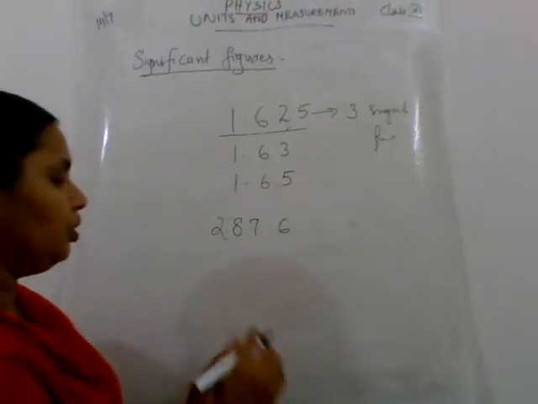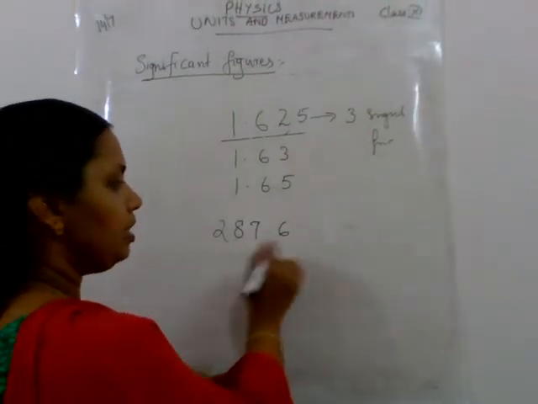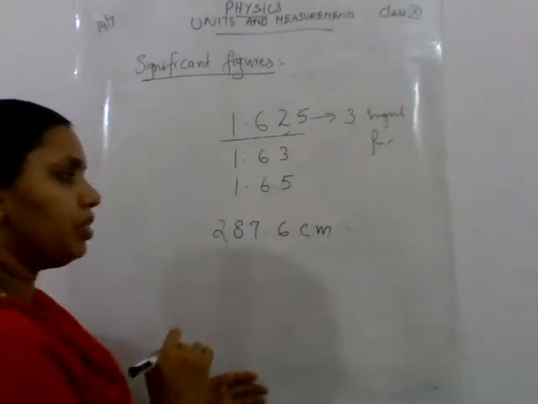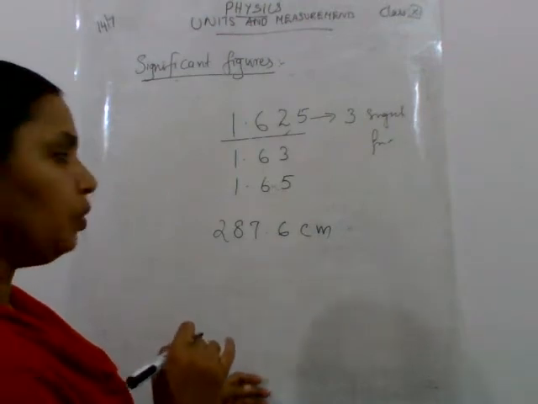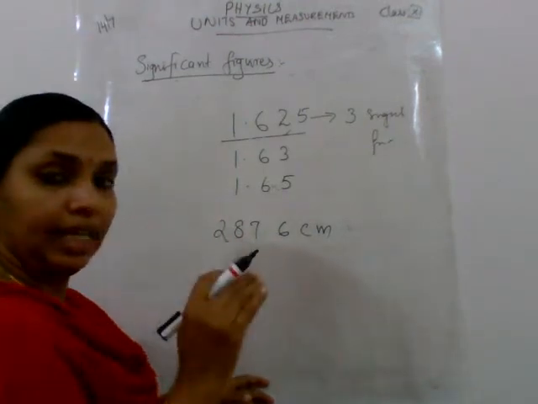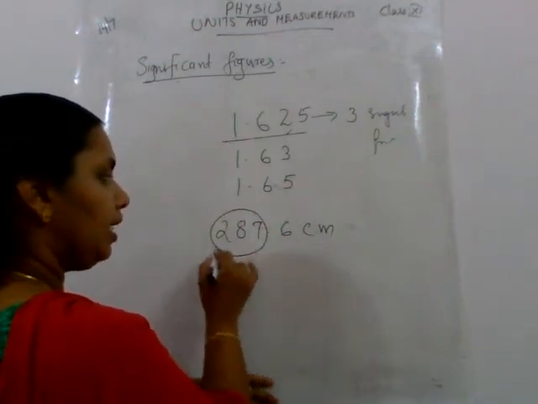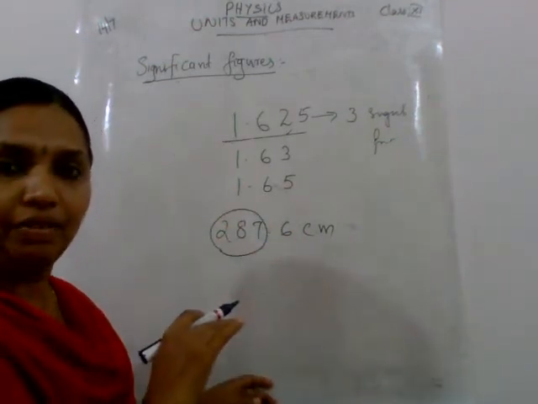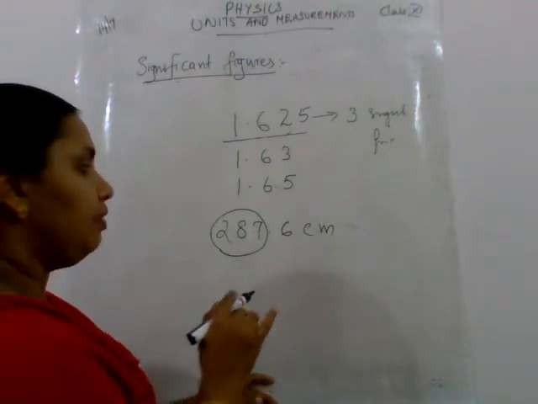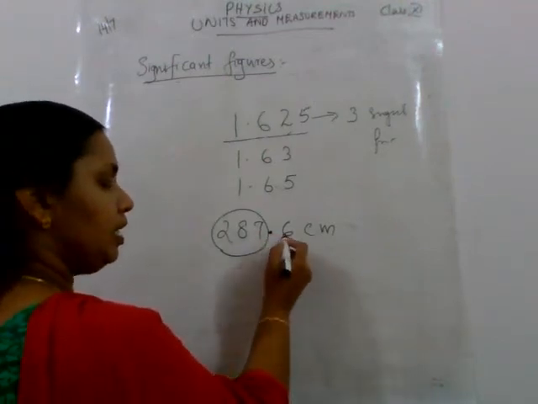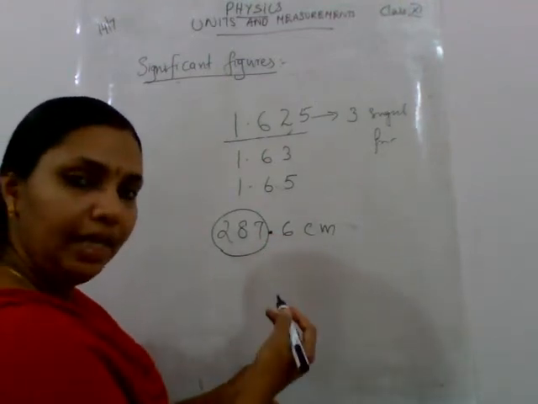Length that is 287.6 centimeter. Okay, measuring a length. If you are taking the proper measurement, every time you have to get 287. So that is a certain value, and this 0.6, the decimal value, may change.